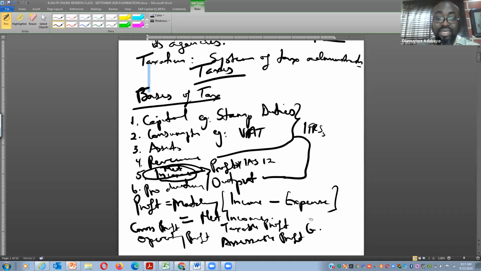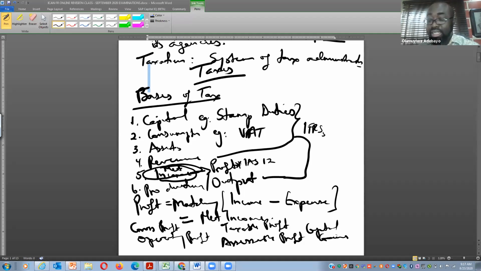Profit could be capital gain. All of these are categories of profit or aggregates of profits. And any levy or charges by government on any of these variables will be considered income tax. Why? Because before arriving at this variable, you will have matched some level of income with some level of expenses, which give rise to a net income.